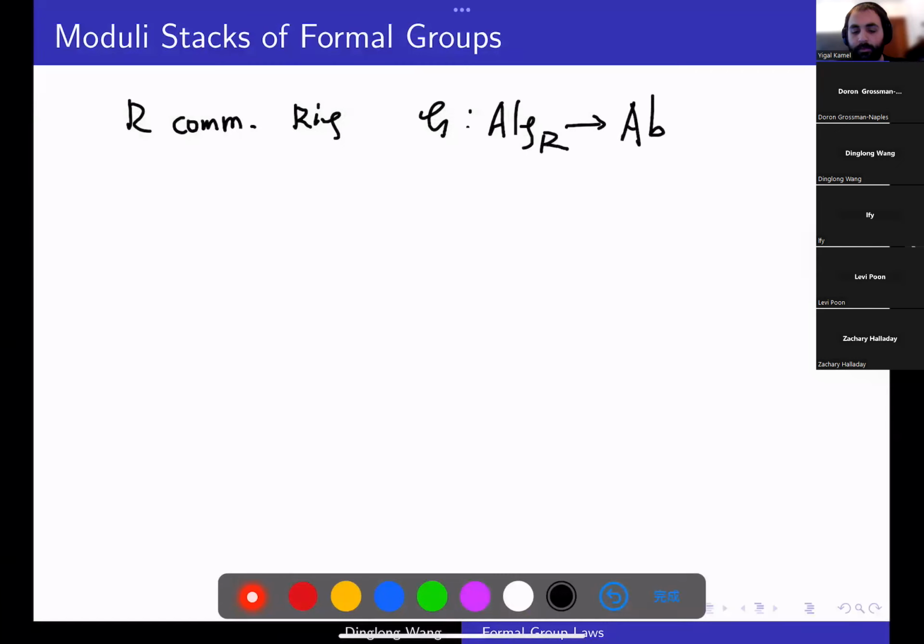We say that a formal group law over R is a functor which satisfies the following conditions.